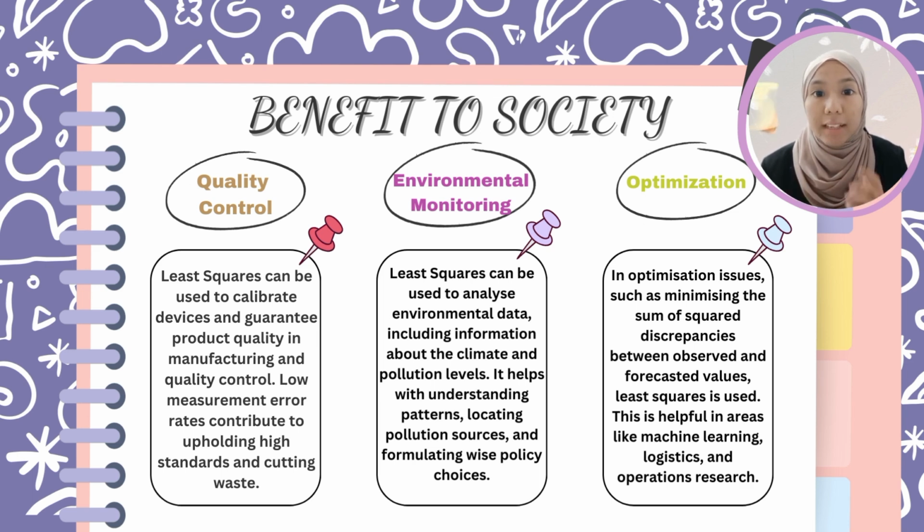It helps with understanding patterns, locating pollution sources, and formulating wise policy choices. And third is optimization. In optimization issues such as minimizing the sum of square discrepancies between observed and forecasted values, least square is used. This is helpful in areas like machine learning, logistics, and operations research.